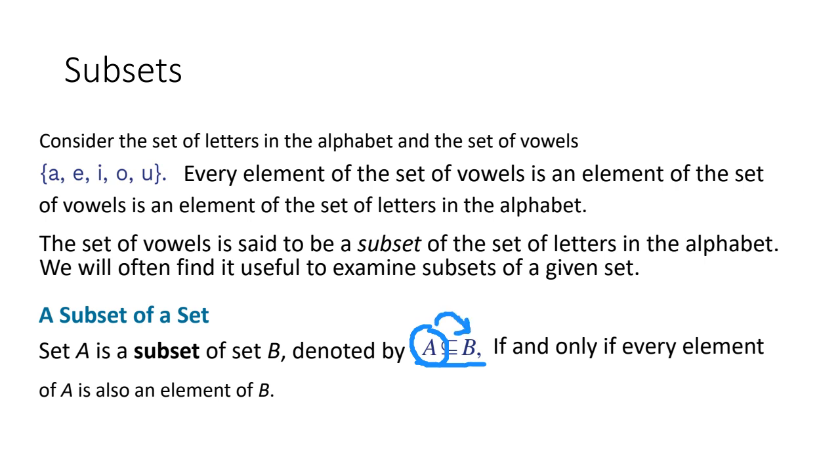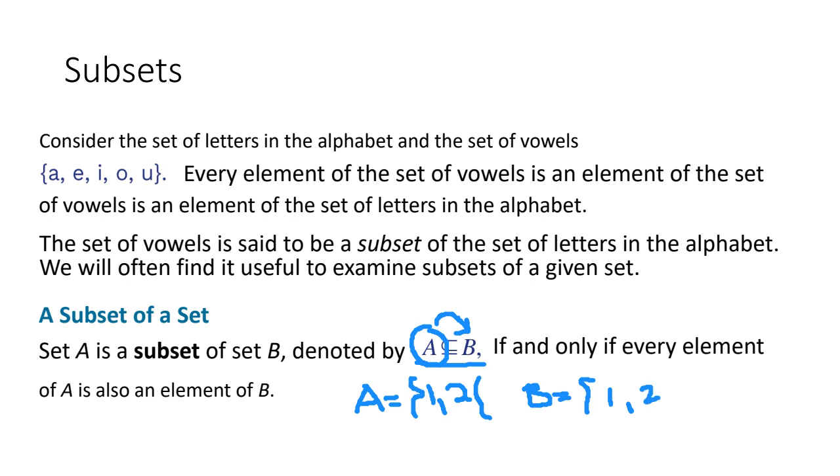So for example, before we do some other examples, let me just give you a short example here. Let's say you have 1 and 2 for A, and B is 1, 2, and 3.